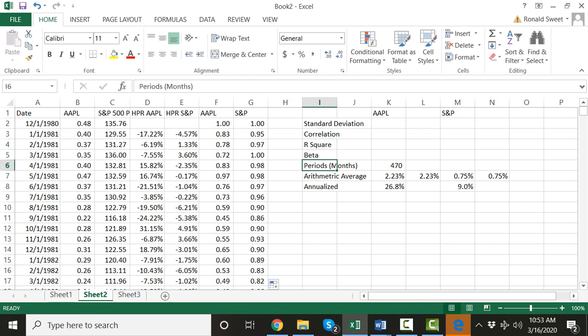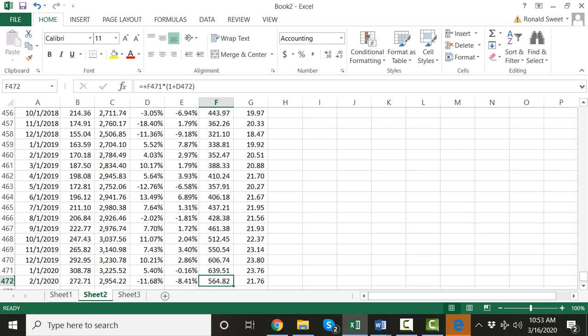So the geometric average, we take the product of all those numbers, which is exactly what we did in our exercise. We just linked them all together. Here we're linking together 400 and something cases. So our product is 564.82.